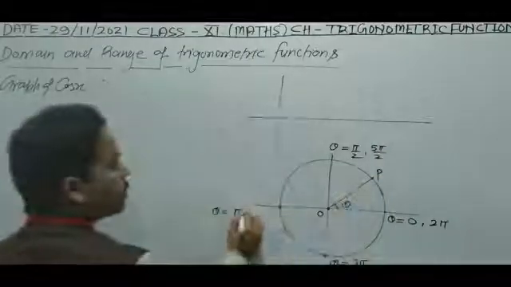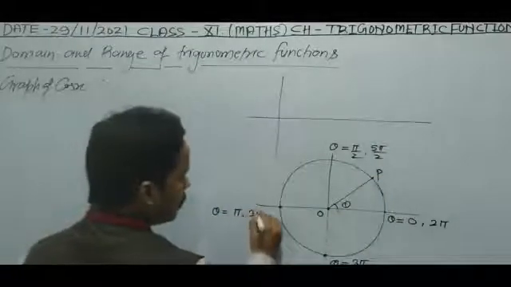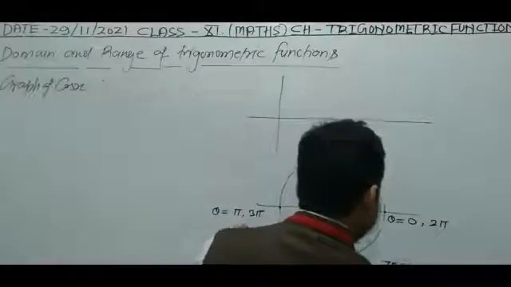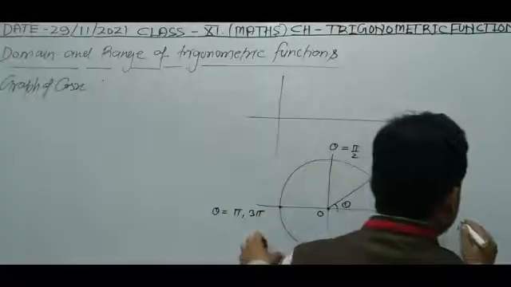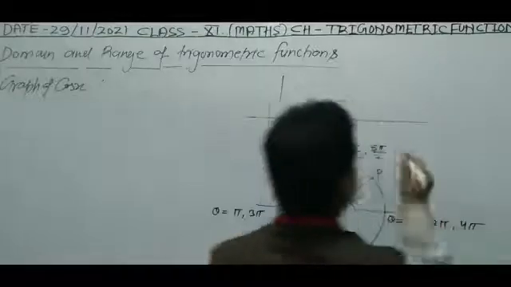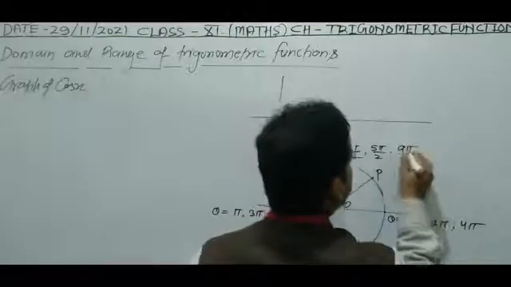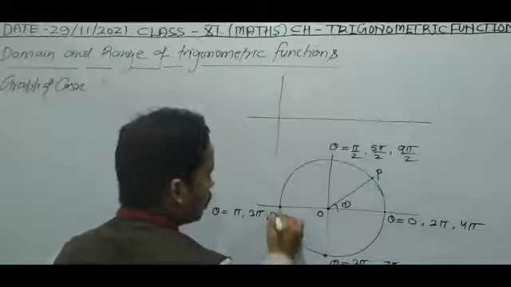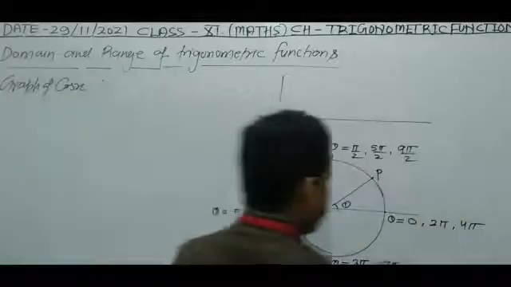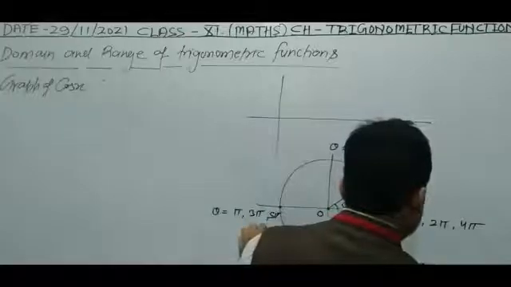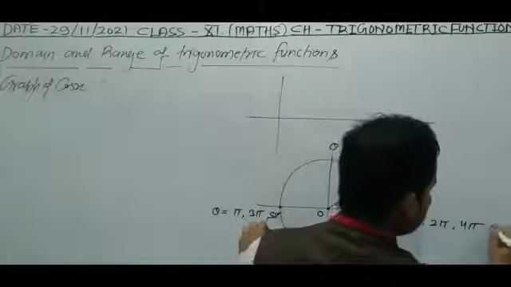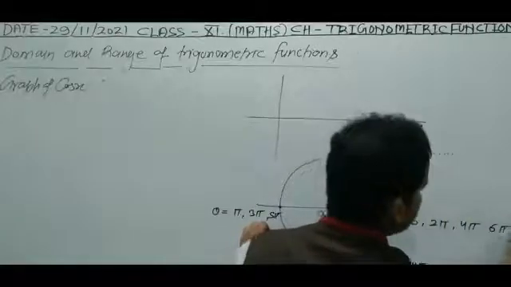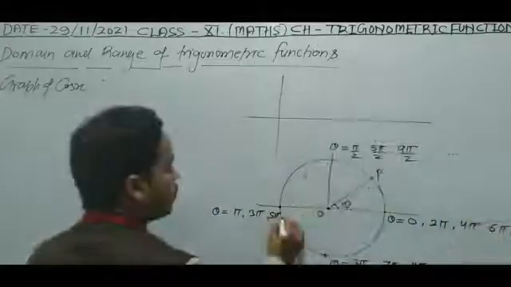This is 6 pi by 2, means 3 pi. This is 7 pi by 2, 8 pi by 2, 9 pi by 2, 10 pi by 2, 11 pi by 2, 12 pi by 2, and so on. Similarly, we can find the angle values.